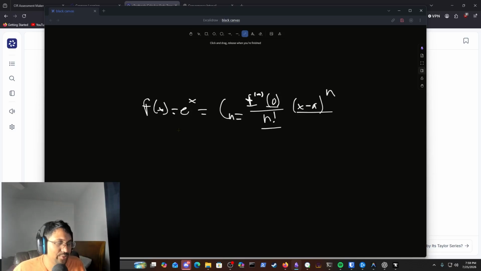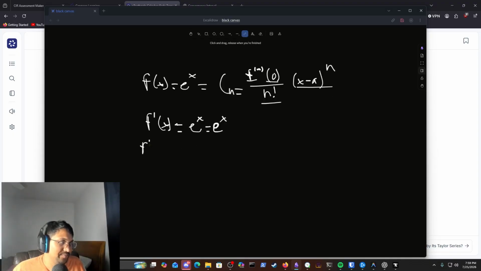So what's the first thing we need to do? Well, we can start here, on the left. We're looking for the nth derivative, and then we're going to evaluate the derivative at 0, right? So let's go up to 3 or 4 terms. Let's do the first derivative of e to the x. We should have a pretty good idea of what this is going to result in.